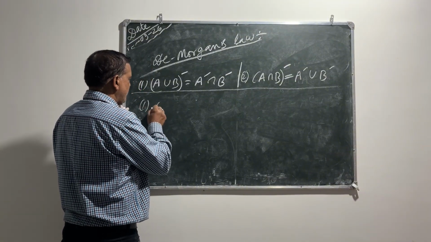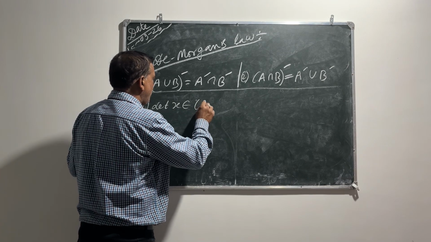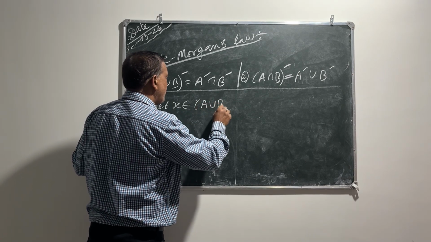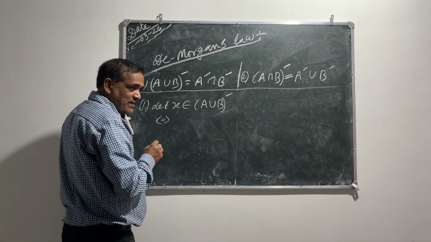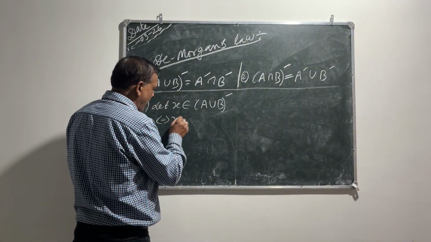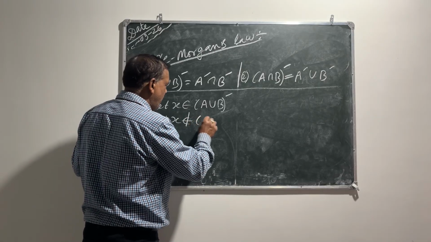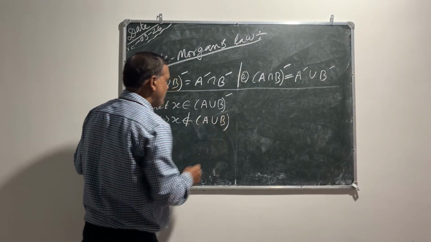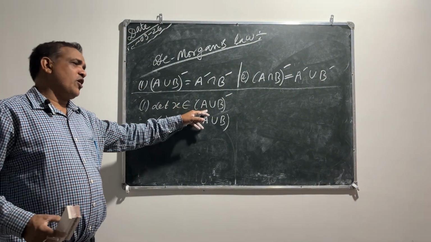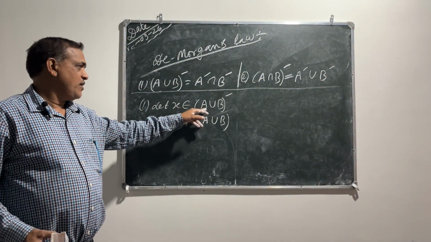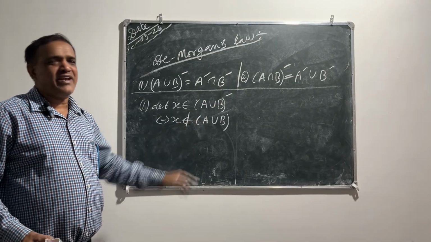Number 1. Let X belong to (A union B) whole complement. This implies, and is implied by, X doesn't belong to A union B. If X belongs to the complement of A union B, then X doesn't belong in their union.